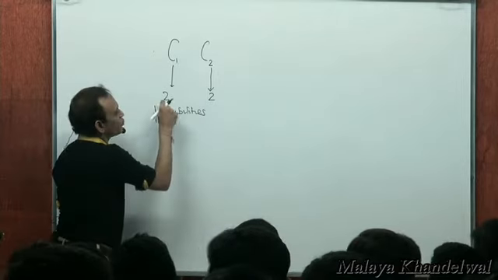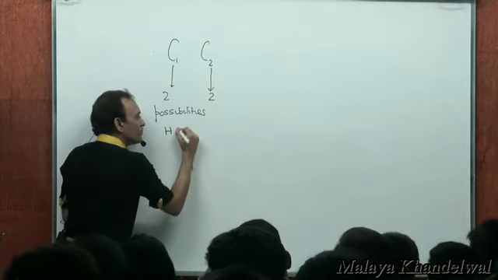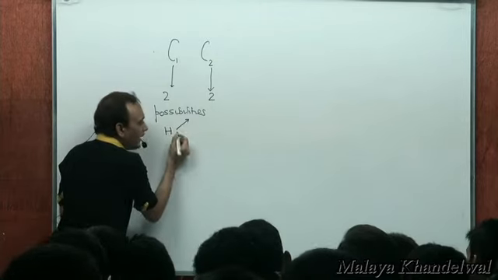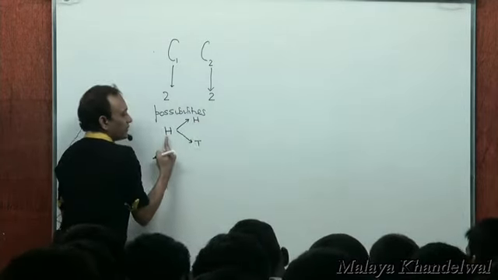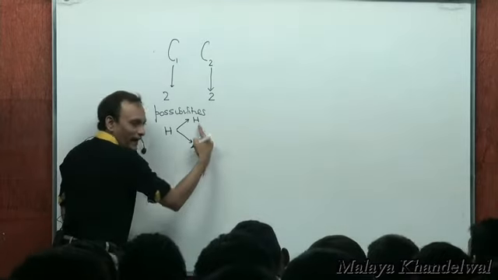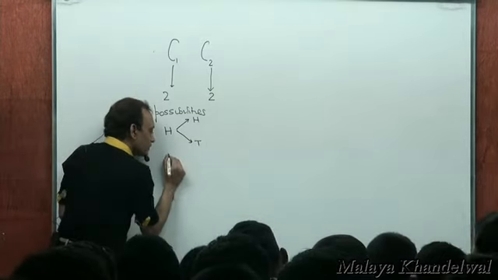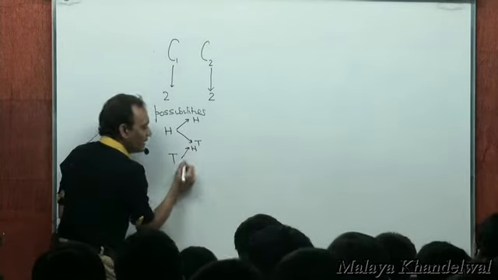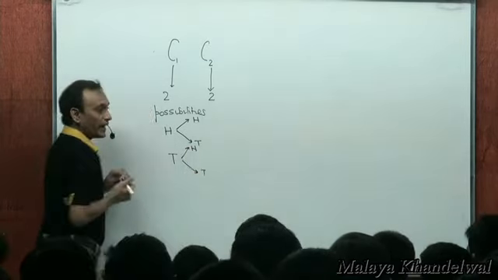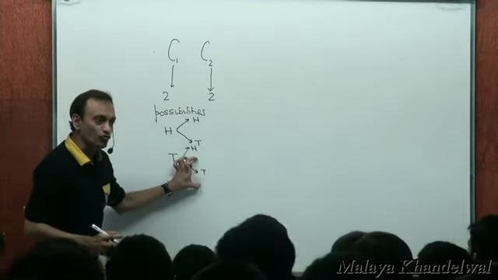And when I flipped C1 and C2, C1 could have been a head or a tail. So if C1 was head, then C2 could be either a head or a tail. If C1 was tail, then C2 again could either be a head or a tail, right? So that makes it 2 and 2, 4 options.